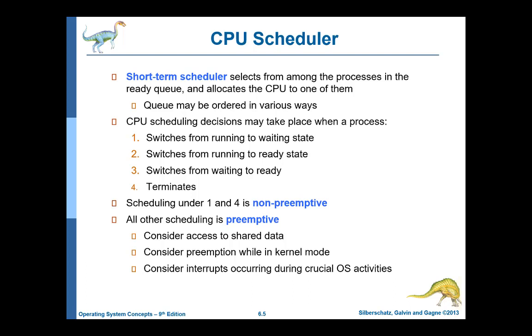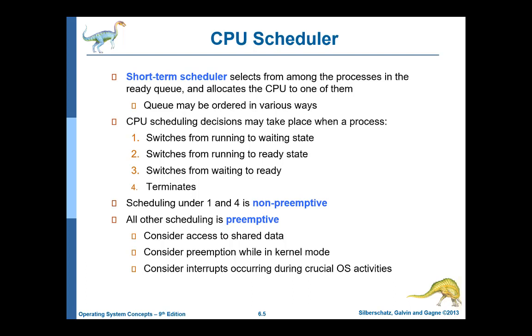So when the process needs some I/O, it switches from running to waiting state. In that case, the CPU is free, so the short-term scheduler will bring another process to the CPU. The second possibility is when a process switches from running to ready state.